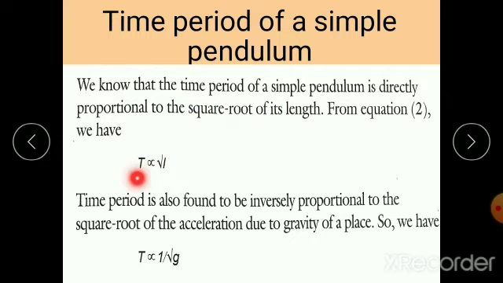So we can write T is directly proportional to the square root of l, and the time period is also found to be inversely proportional to the square root of the acceleration due to gravity of a place. So we can write T is inversely proportional to 1 divided by the square root of g. Acceleration due to gravity is represented by the small letter g.